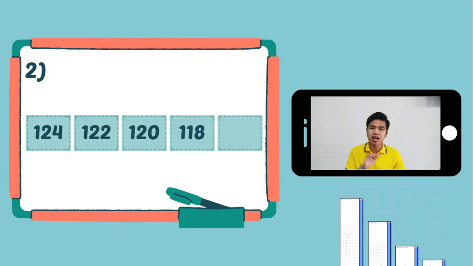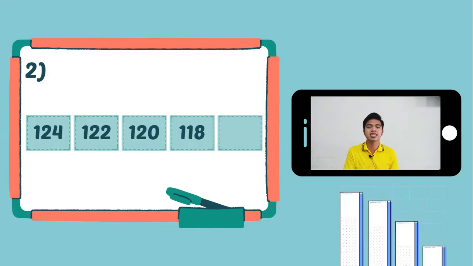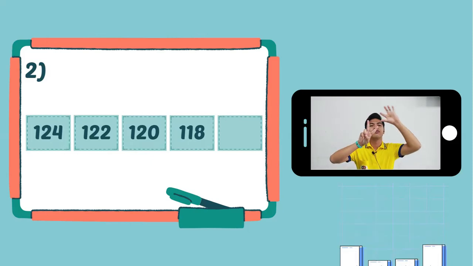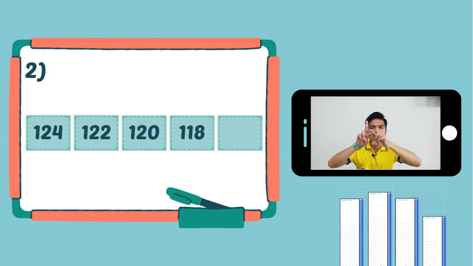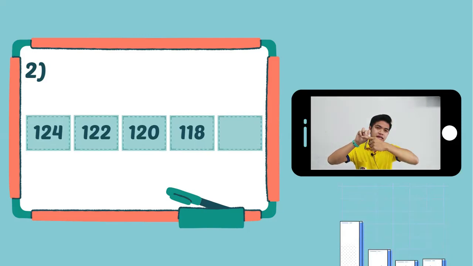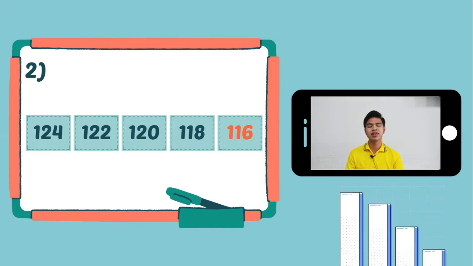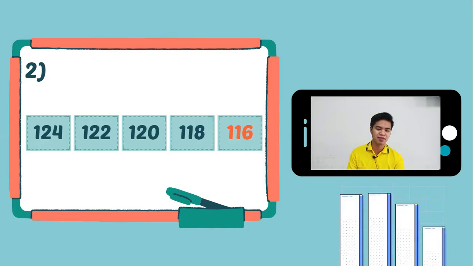So we're going to subtract 2 from 118 to find out what is the next value. Okay, see, we have 118 minus 2 equals, let's count, 118, 117, 116. So the next number will be 116. Okay, so that is the answer for number 2. Very good, kids. You're doing such a great job.